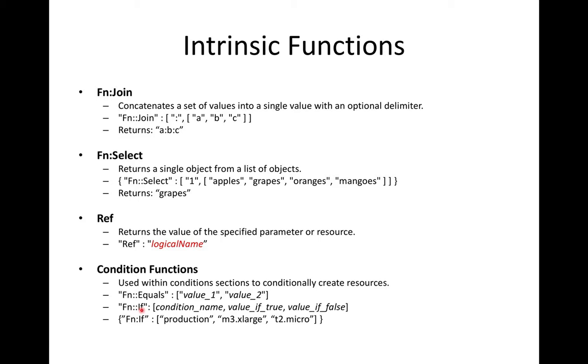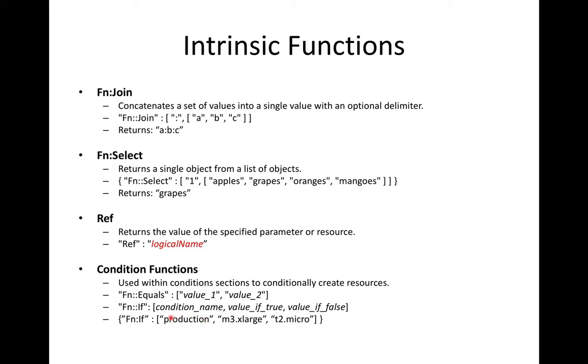And in this case, we specify a condition name, and then the value that this function should return if the condition evaluates to true. Otherwise, if the condition evaluates to false, then we should return this value, the value for false. Here's an example. We have an If function here that has a condition name, which is production.